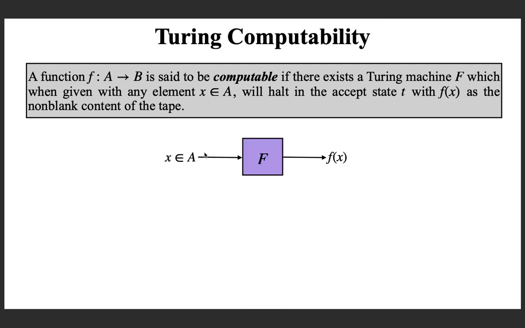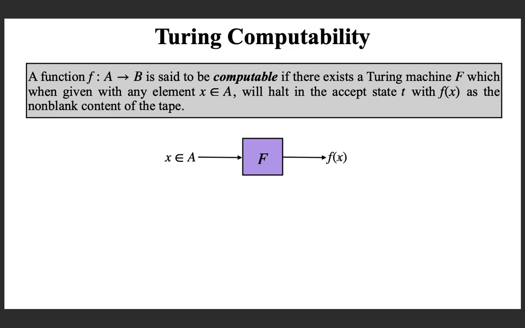So what we are saying is, a function f is said to be computable if and only if there exists a total Turing machine F which, when given an arbitrary input in the domain, will halt in the state T, the accept state, with the non-blank tape content being the required value of the function.